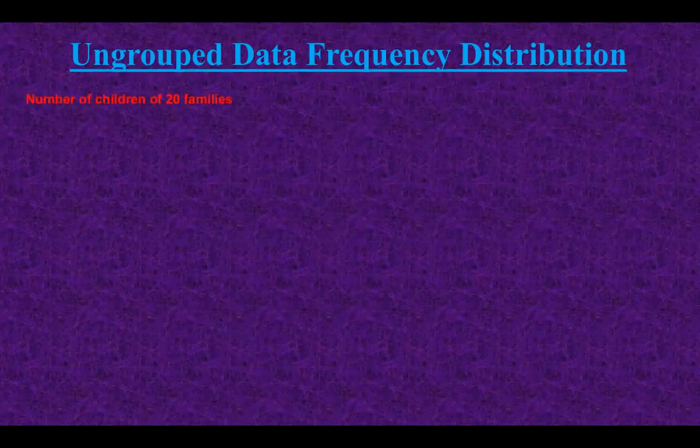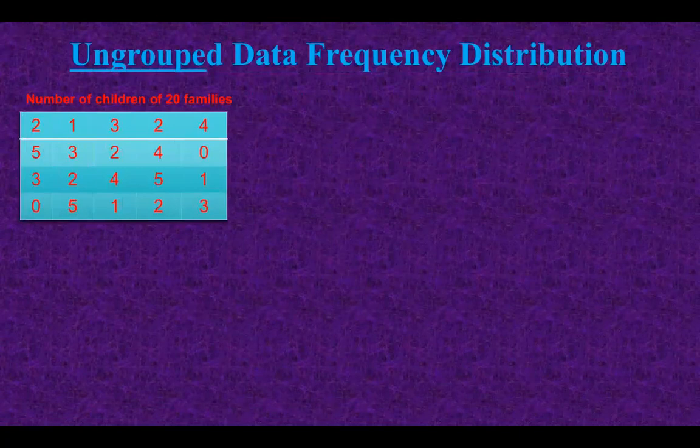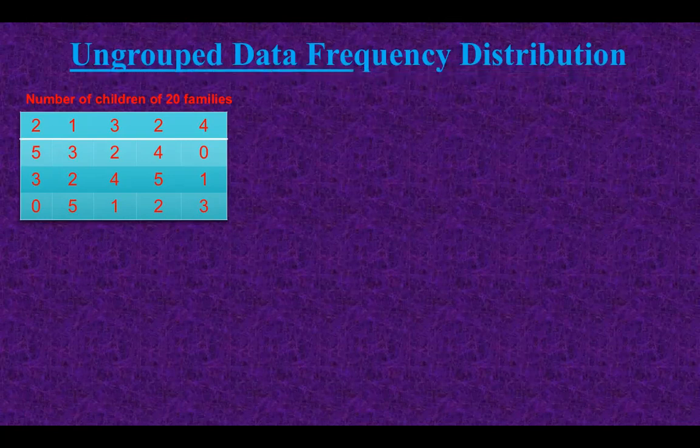We will take an example here. I have surveyed 20 families for the number of children and I got this raw data. From this raw data, I cannot conclude anything. It's difficult to have any conclusion. So, to give shape and to simplify this data, we frame the frequency distribution table.